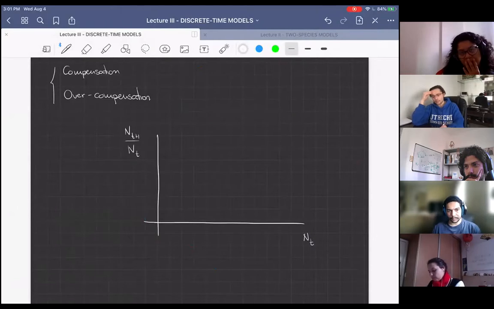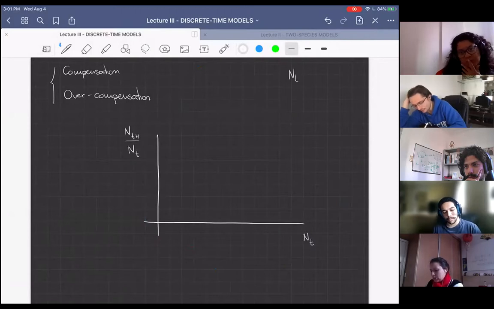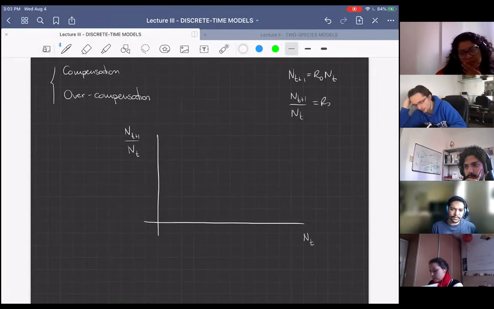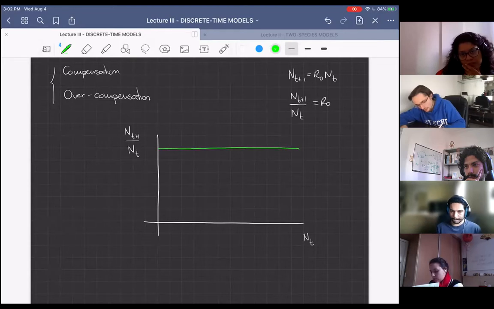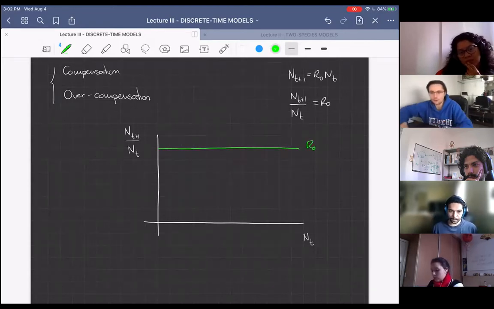For the case that we studied before, this density independent case, as its name is already telling us, nt plus 1 is equal to R0 nt, which means that nt plus 1 over nt is equal to R0. So it doesn't matter how many individuals I have, I always leave behind, on average, R0 offspring, which is what we already discussed.